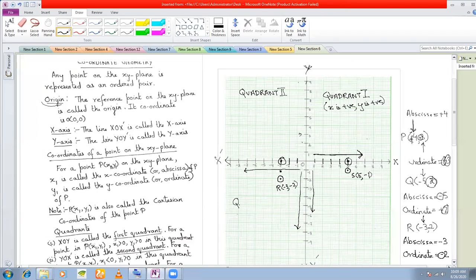This is called your quadrant 3, and this is called your quadrant 4. So in quadrant 1, we saw that x was positive and y was also positive. In quadrant 2, what we see is that x is negative, but y is positive.